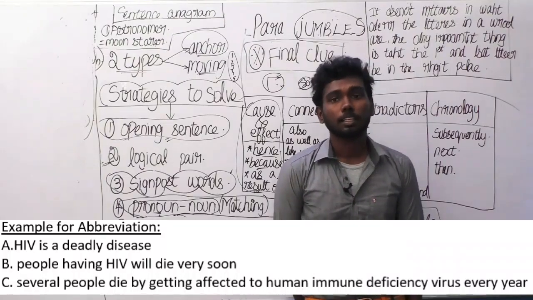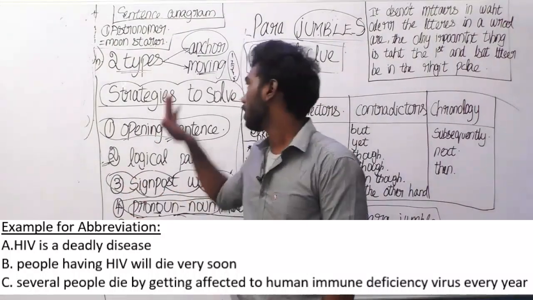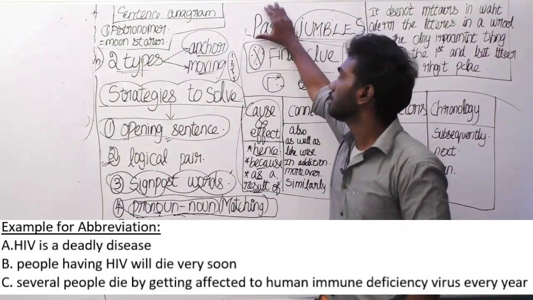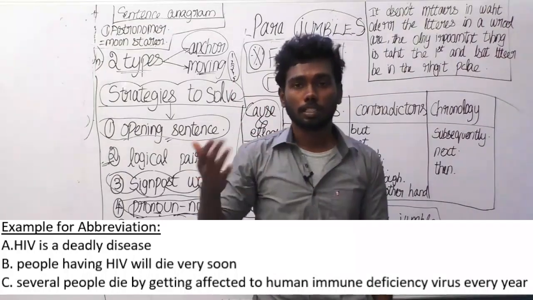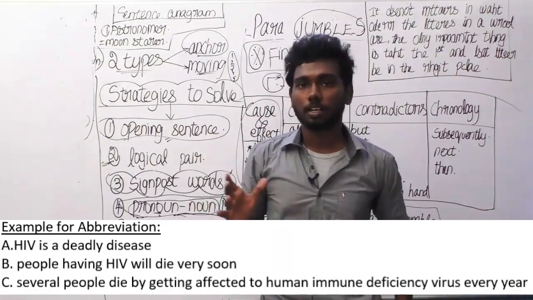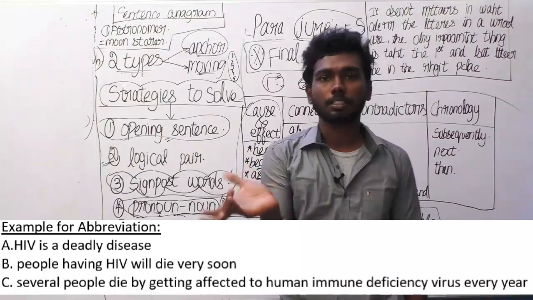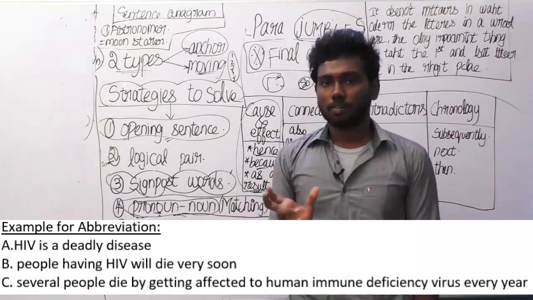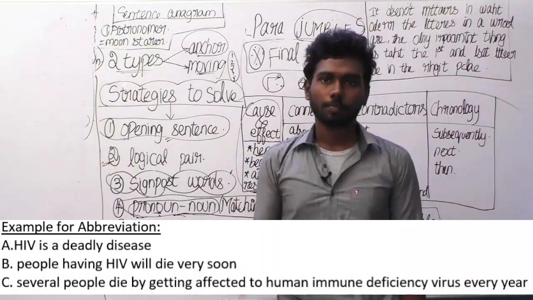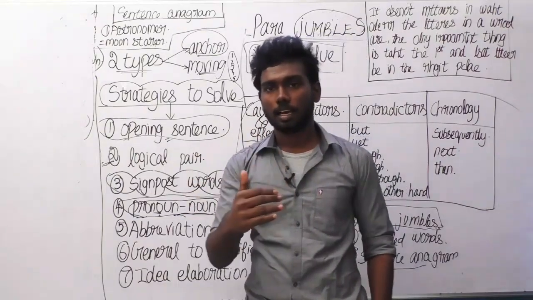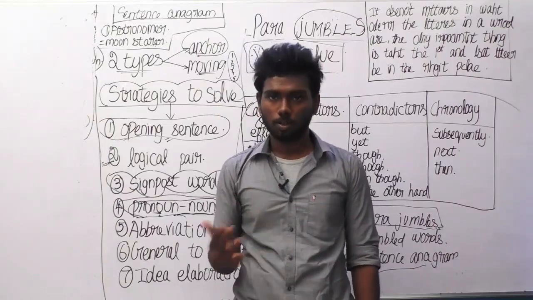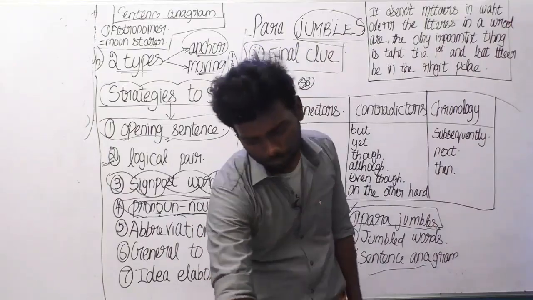These types of questions are asked in parajumbles to test our knowledge of parajumbles, not our abbreviation skills. So they will not give the abbreviation sentence first. The order will be that the human immunodeficiency virus sentence comes first, and the abbreviation sentences come next. So this is the thing about abbreviation.